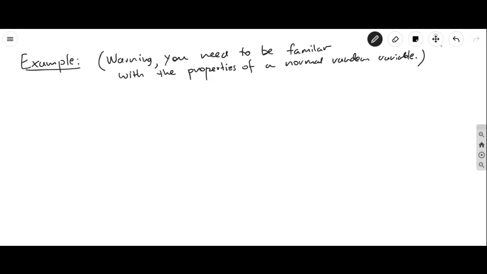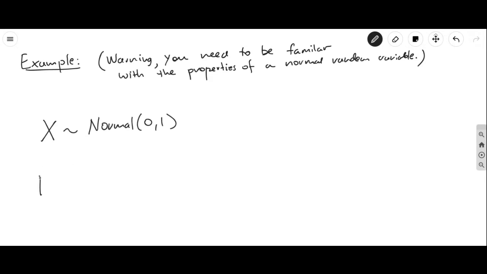So I'm going to show you this example, and if you're not familiar with these properties, that's okay, because I'm going to have another one on the homework that will do it a little bit differently, but it will take a bit more work. Now, previously we talked about what it means for a random variable to follow the normal 0-1 distribution.